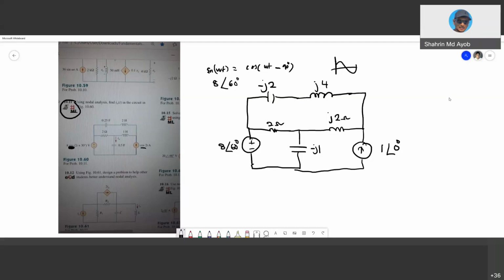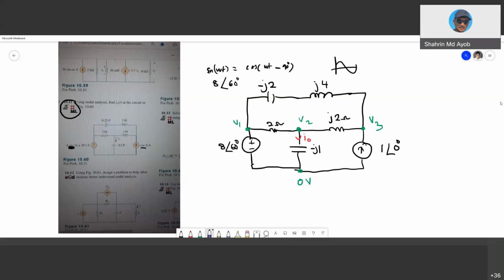So for the nodal analysis, the question is to calculate Io. So you need to identify the nodes first. So you have V1, V2, and this one is V3. This one is 0 voltage.